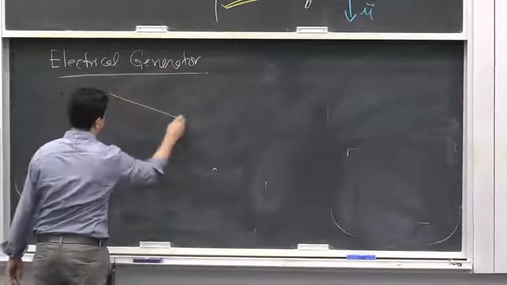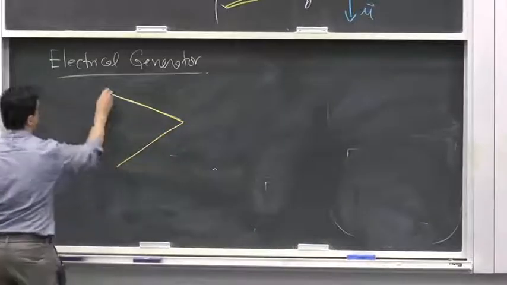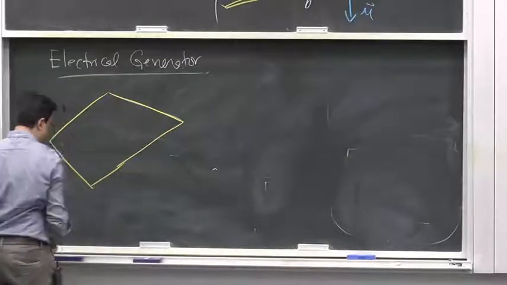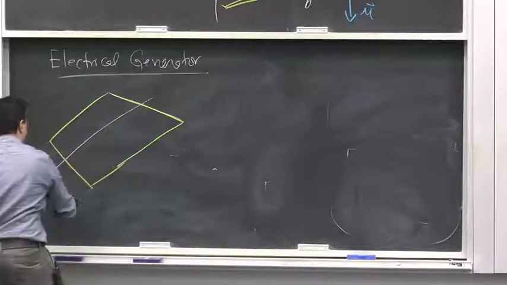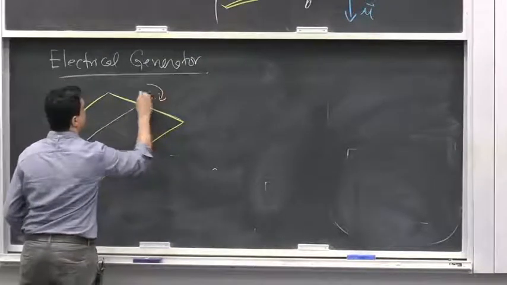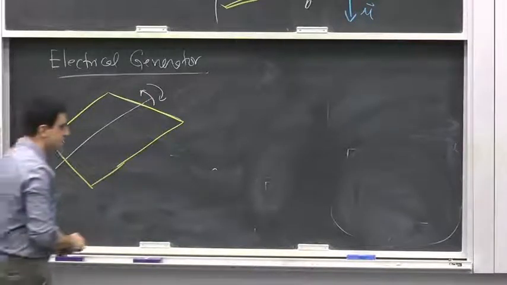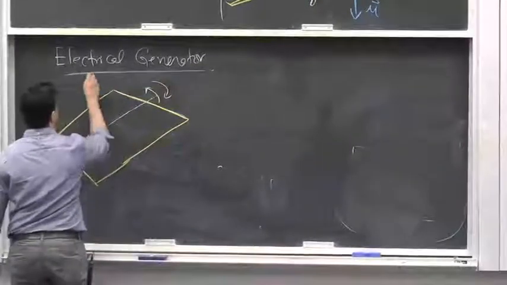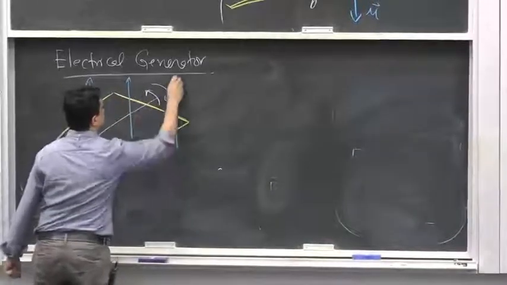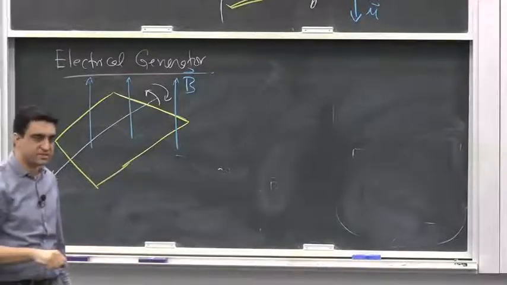You have a certain coil which has no current flowing initially, but this coil can move or rotate around a certain axis, either in that direction or that direction, depending on the situation, and you have a constant magnetic field in which this loop of metal is placed.